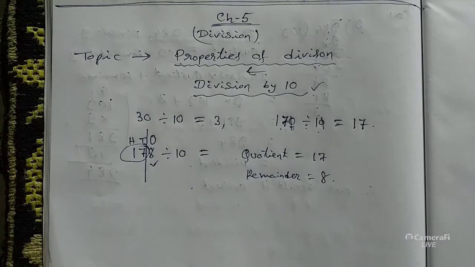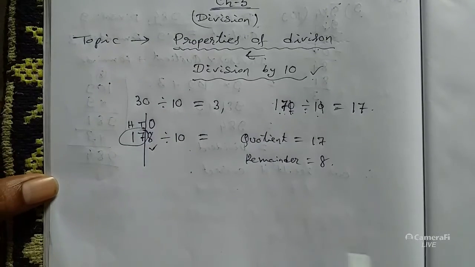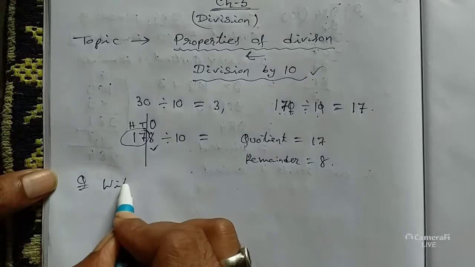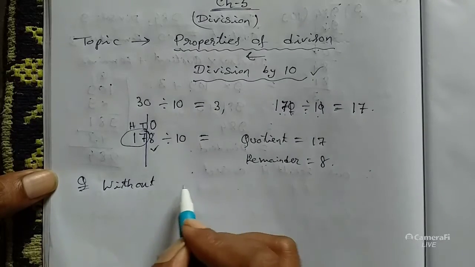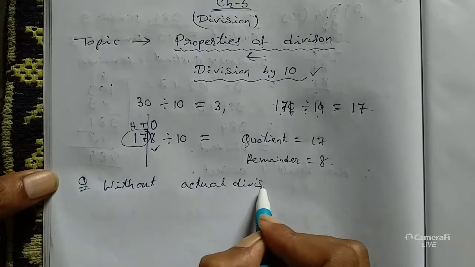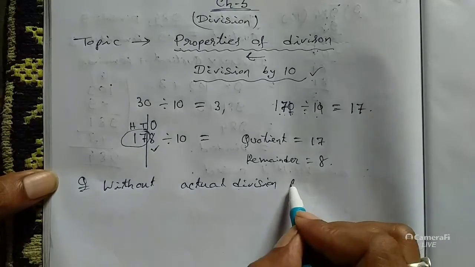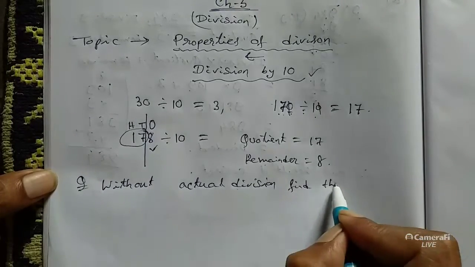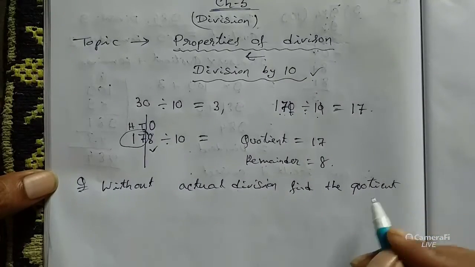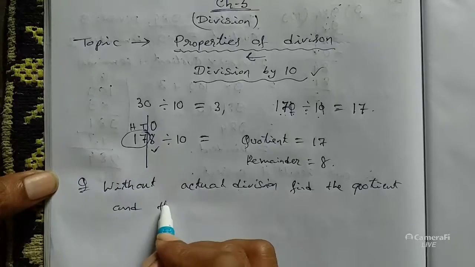Okay. Now suppose the question is: without actual division, find the quotient and the remainder.